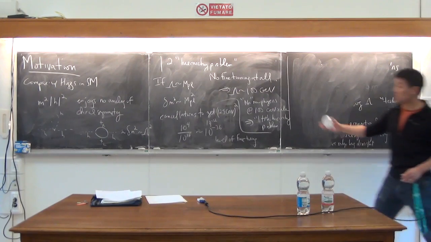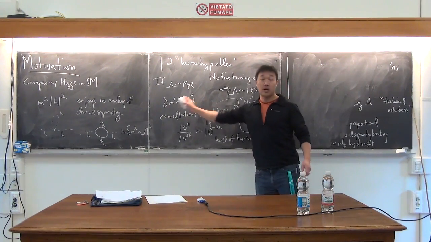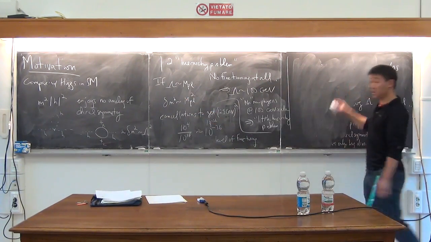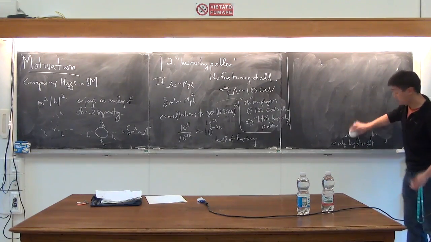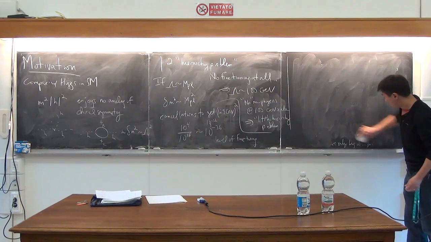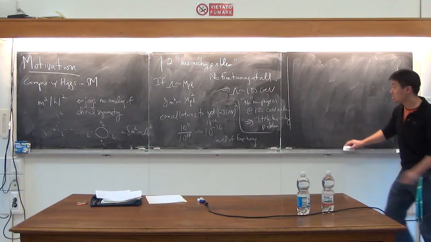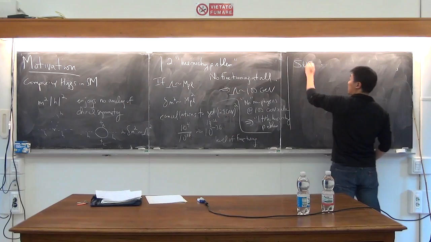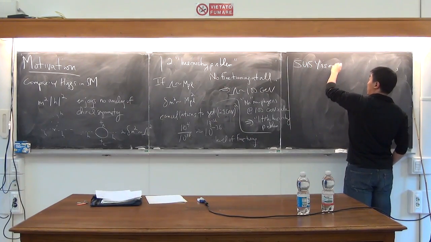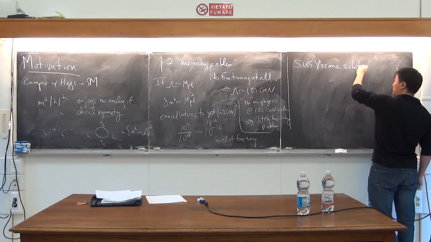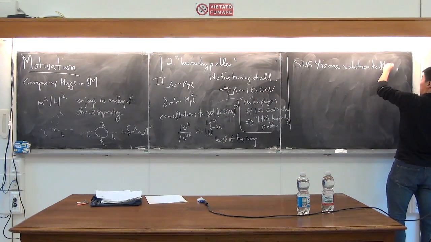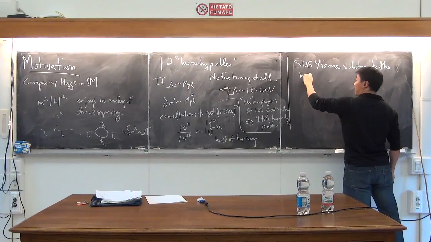That new physics has to also explain why these things are canceling above its scale. And so supersymmetry is one such idea for how the cancellation works. Okay, so SUSY is one solution to the hierarchy problem.